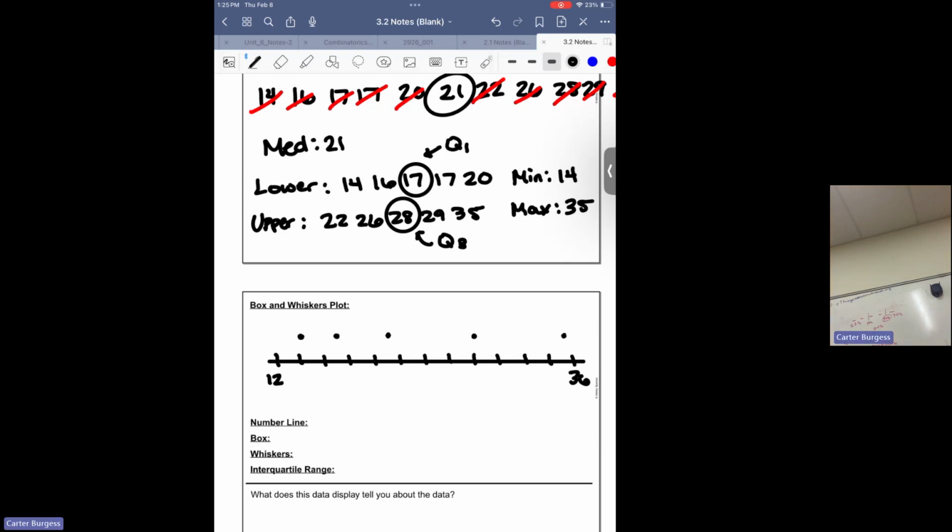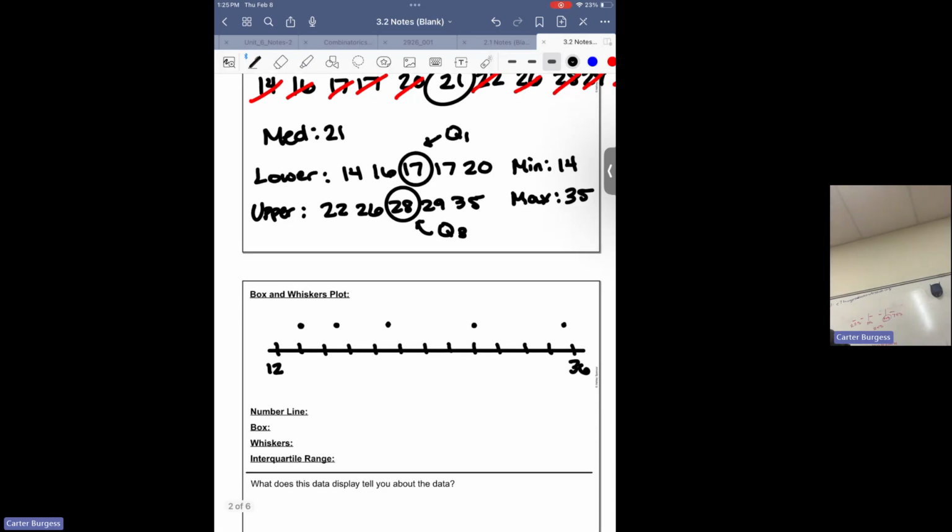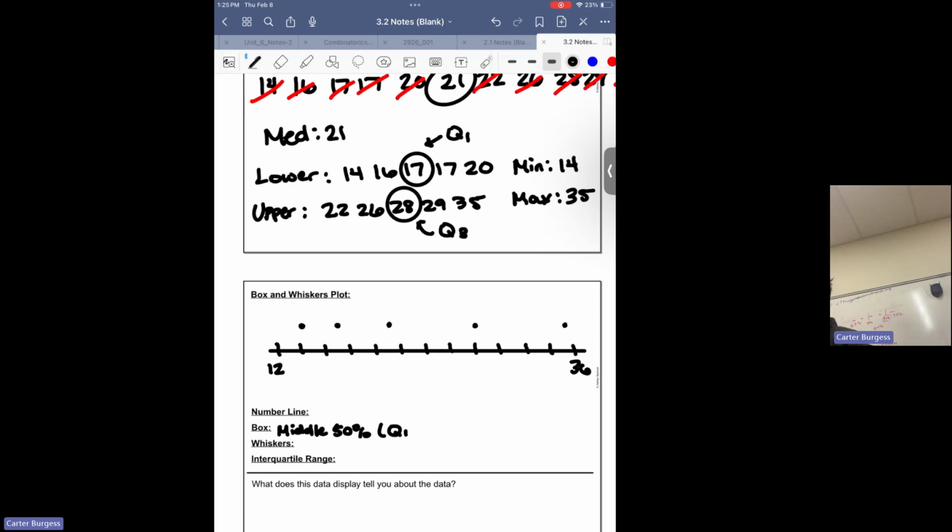The box is the middle 50%. So what is going to be the middle 50% here? From what value to what value? Yeah, so generically, it would be from Q1 to Q3, and specifically, it would be 17 through 28.